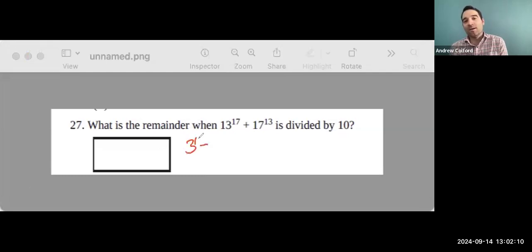3 to the power of 1 is 3. 3 to the power of 2, if I multiply that by another 3, gives me 9. If I multiply this by another power of 3, 3 to the 3, I get 27. If I multiply that by another power of 3, I get 3 to the 4, 81.